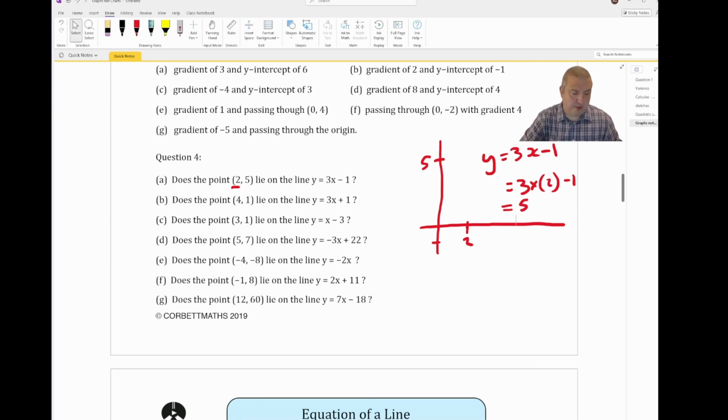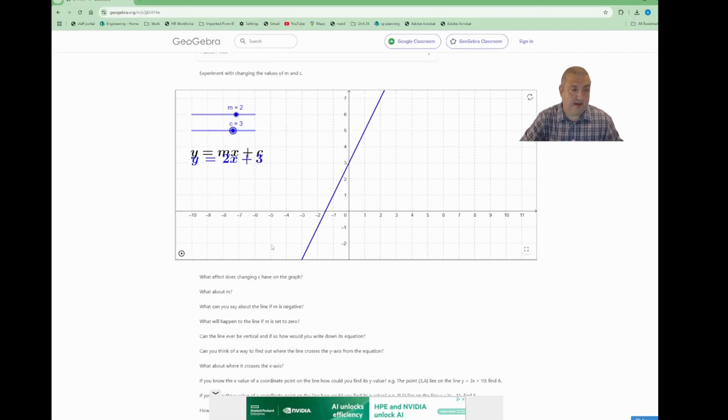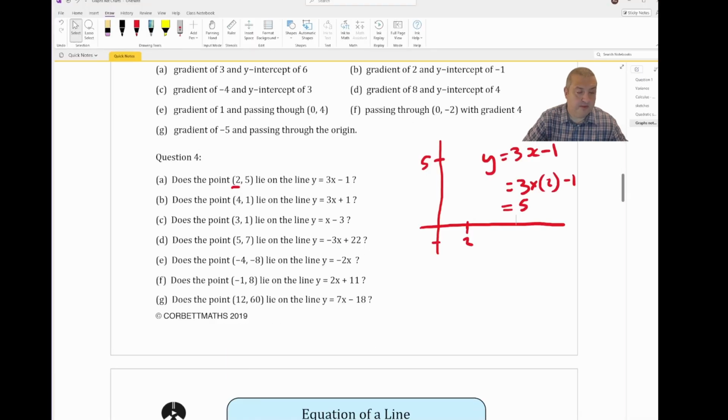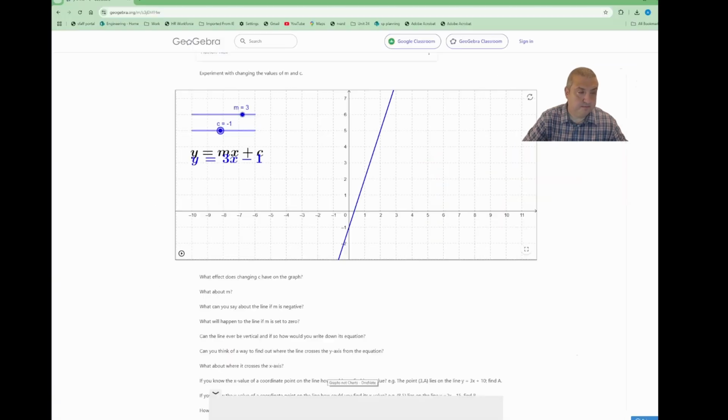Let's just do a graph to scale to show what we mean there as well. It was 3x minus 1. Now at that point, look, 2, when x is 2, y is 5.